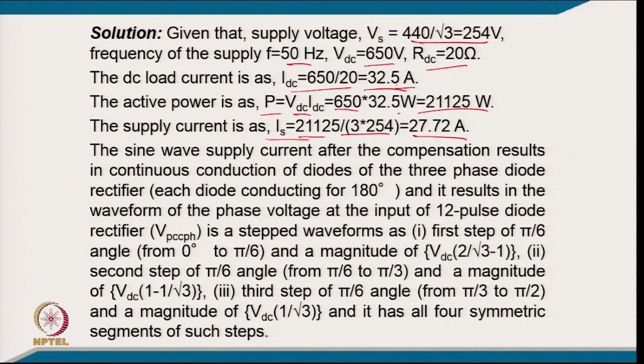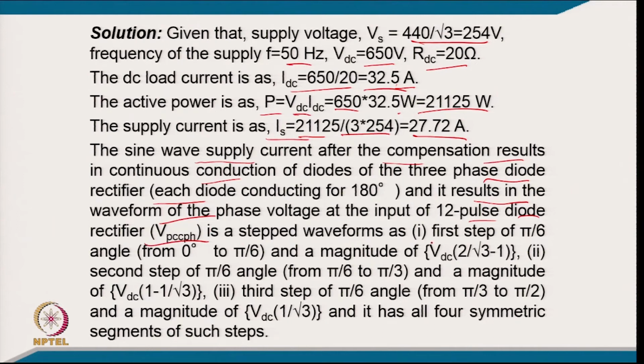Now, coming to calculate the voltage at the PCC as well as the series active voltage. The sine wave supply current after the compensation results in continuous conduction of the diodes of the 3-phase diode bridge rectifier, each diode conducting for 180 degrees, and it results in the waveform of the phase voltage at the input of the 12 pulse rectifier.